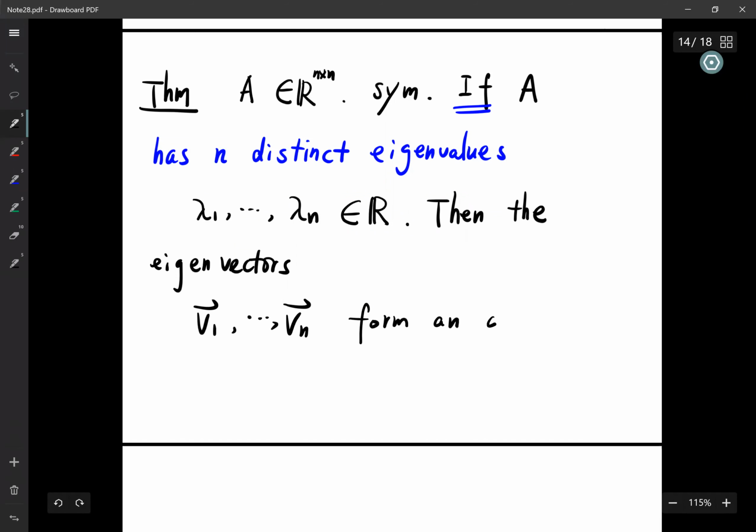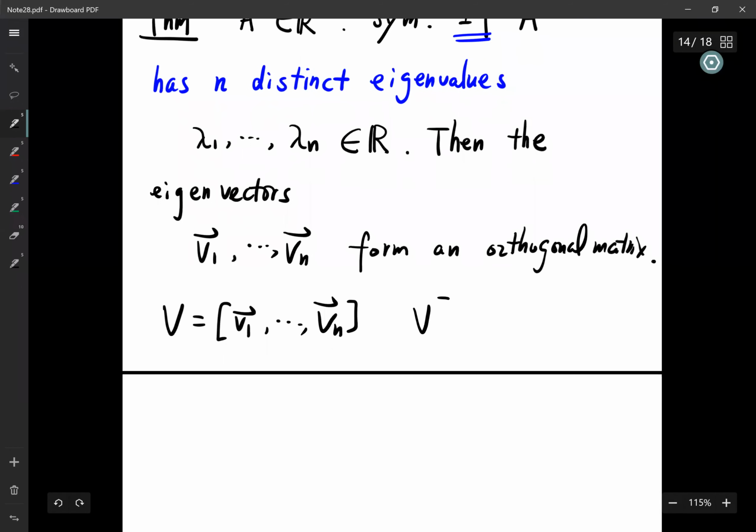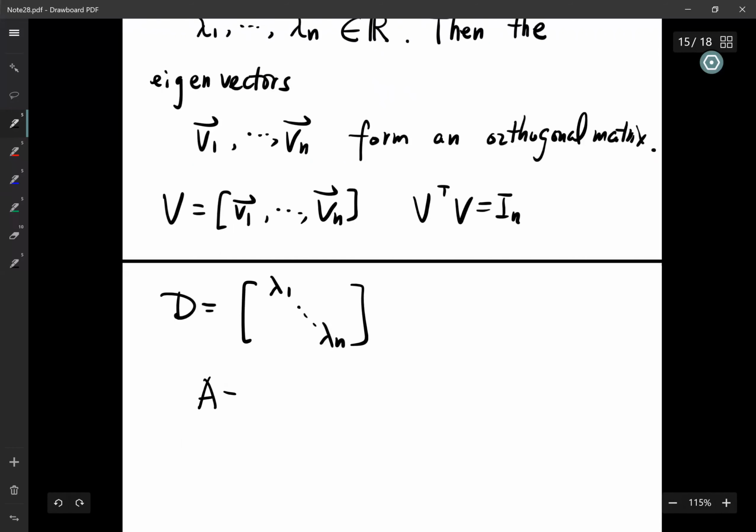And the orthogonal matrix V is given by the columns of these eigenvectors. Remember, orthogonal matrix means this. Now let me further form a diagonal matrix D with lambda 1 to lambda n. Then I have A equal to V D V transpose.